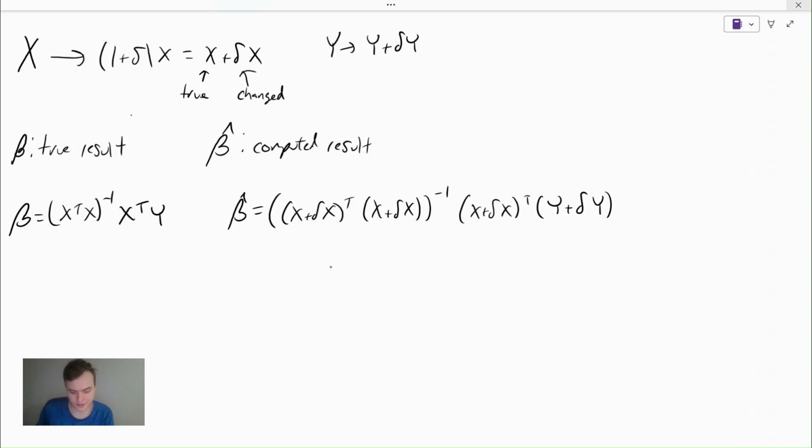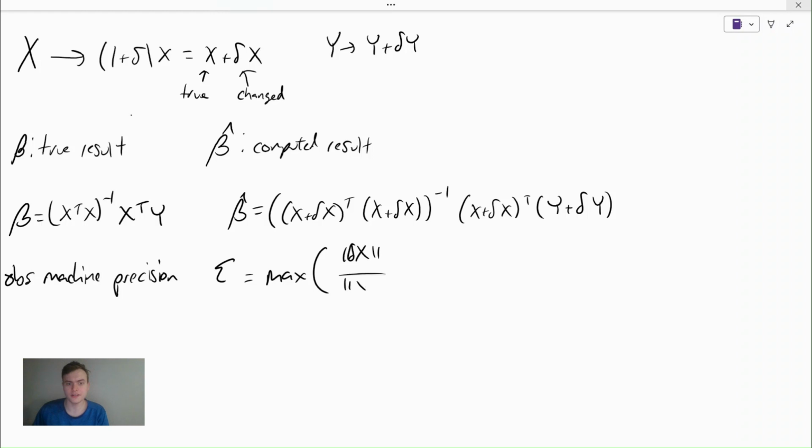Right? And so here we have an observed machine precision, which is the maximum of the two deltas, right? So we can call this epsilon, which is going to be the maximum of the norm of delta x over x times the norm of delta y over y.